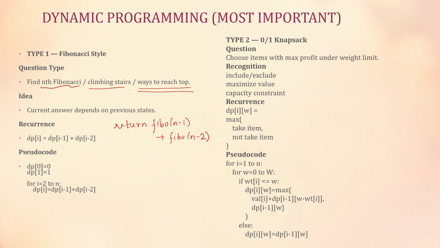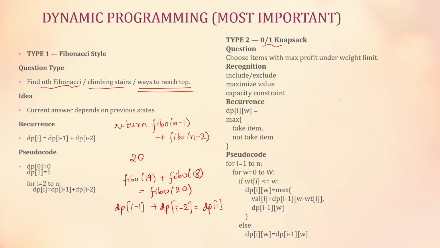That is, if we want the 20th one, Fibo of 19 plus Fibo of 18 will be equal to your Fibo of 20. The similar concept is applied in case of DP, that dp of i minus 1 plus dp of i minus 2 will be equal to your dp of i.